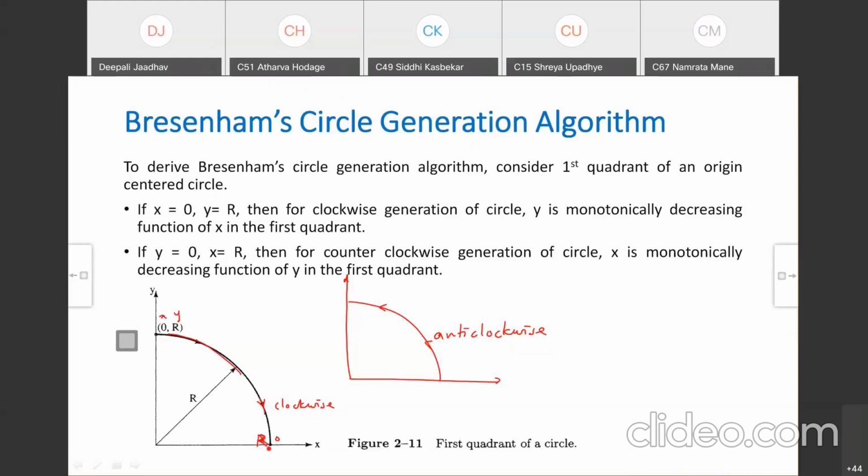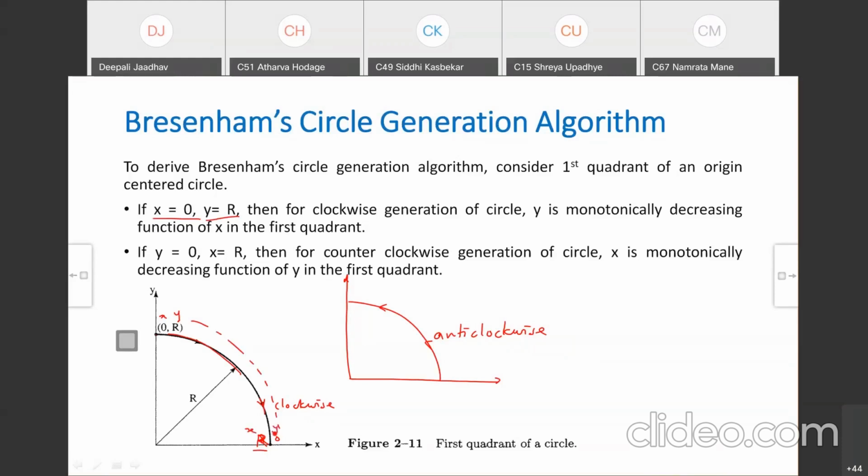Once again, I am explaining: start with x equal to 0 and y equal to r for clockwise generation of the circle. Decrease y one by one, and when y becomes 0 and x becomes r, then stop.